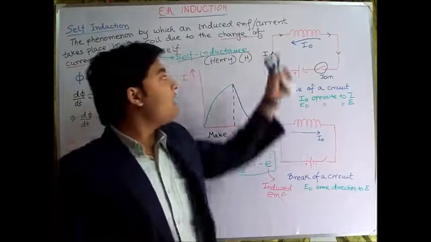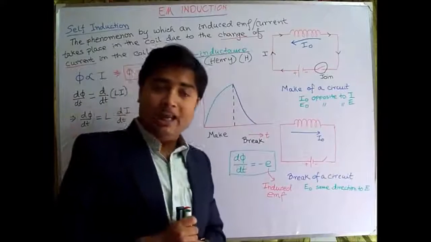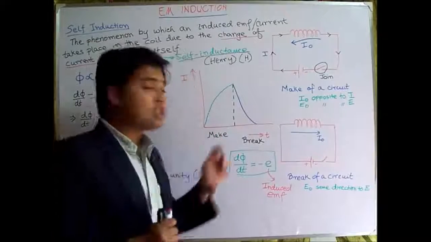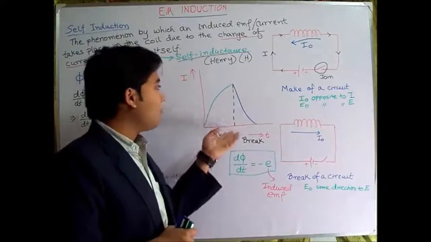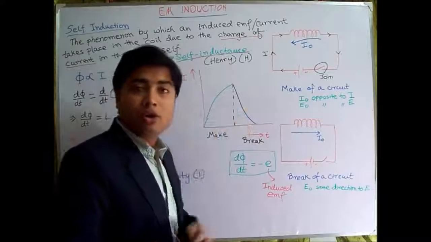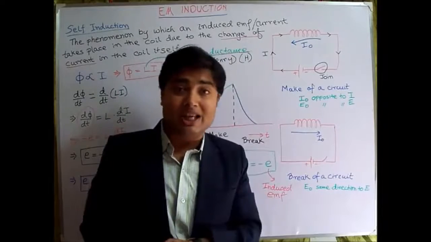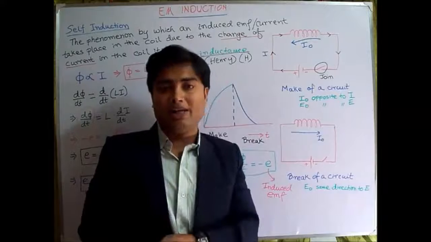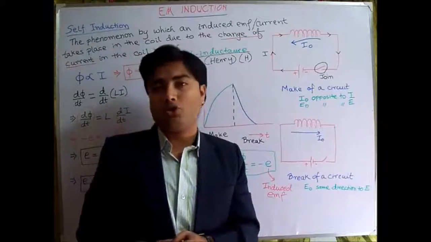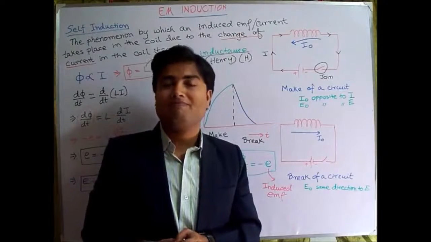So self-inductance leads to this time consumption for getting up to the highest value or 0. We shall try to understand how we can reduce the self-inductance, and obviously what is the power associated with the self-inductance. Thank you.